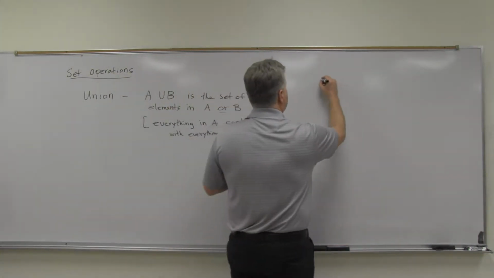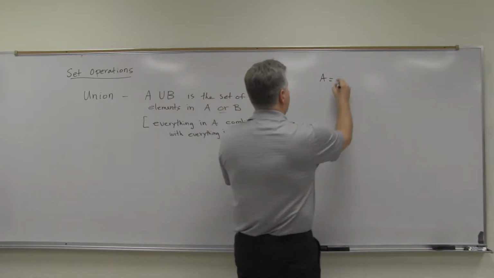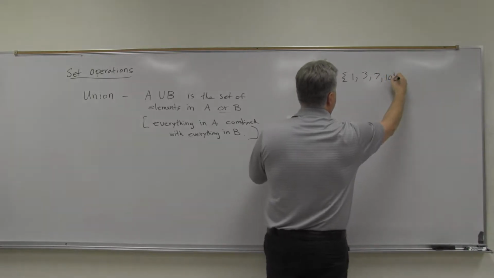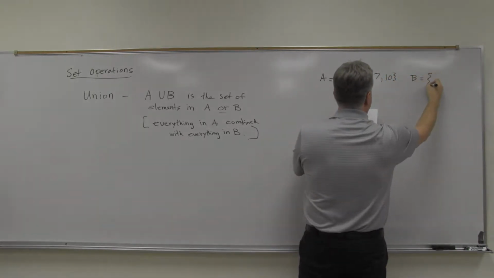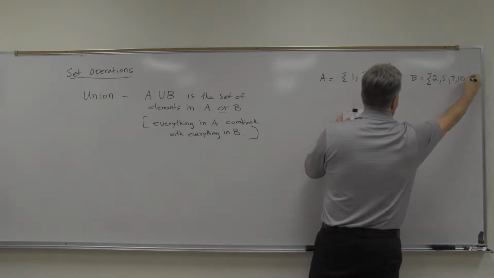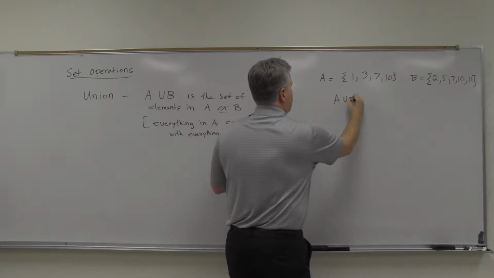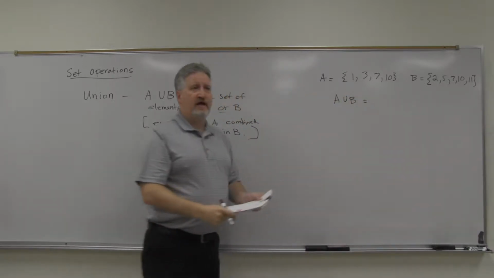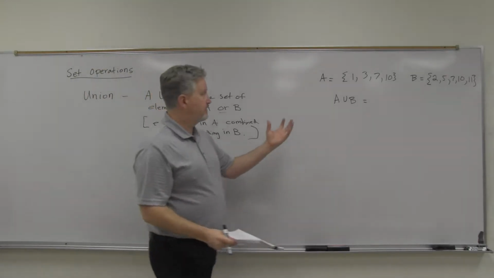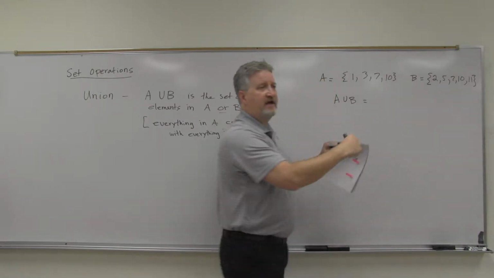All right, so let's just put a couple of sets over here and work with them as we go along. So let's say A is 1, 3, 7, 10, and B is 2, 5, 7, 10, 11. So just straight up, A union B there. If we physically did it, we would just take all these elements and all these elements and put them together.